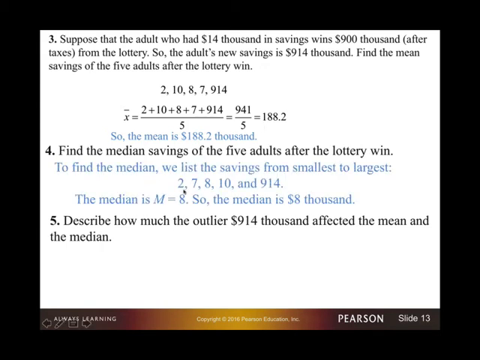Okay, check your work. So we arrange the data, and then the median will be in the middle. Again, 2 data from your left, 2 data from your right. So the median doesn't change, it's still $8,000.